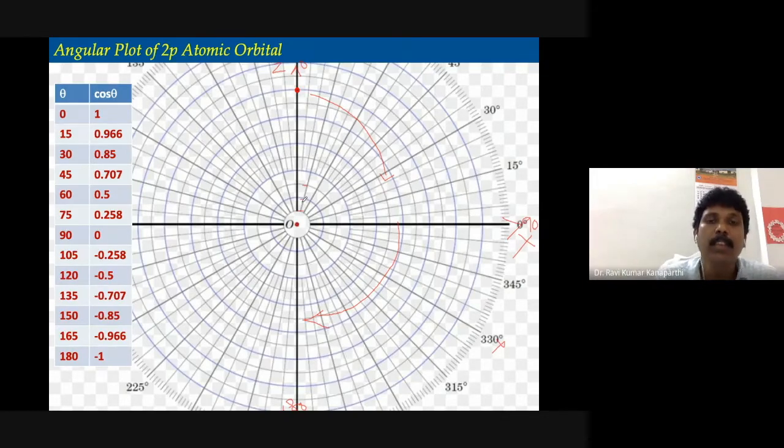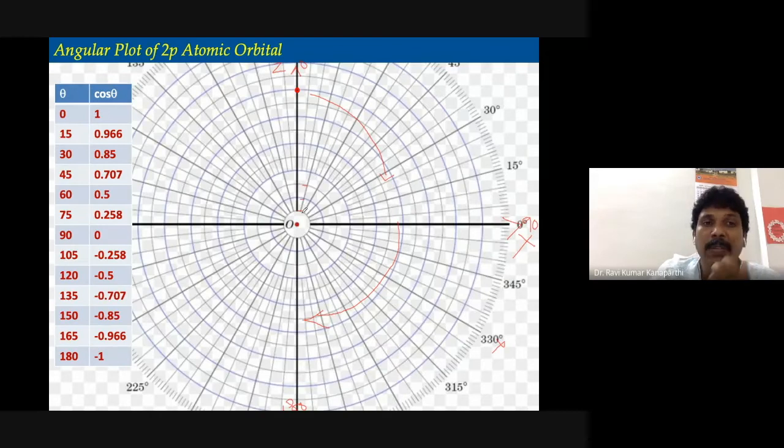We have the X direction and the Y direction, but here what we have is angle. So angle is actually plotted. You can see different lines, and the different lines indicate the angle. The distance between any two circles is the unit that you have to consider while plotting.